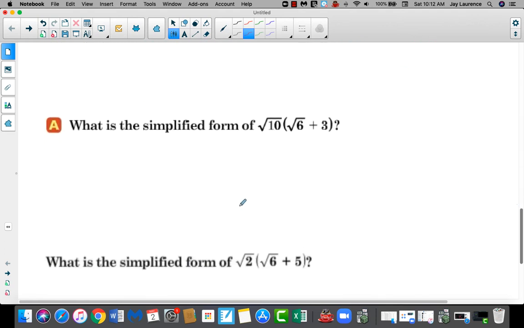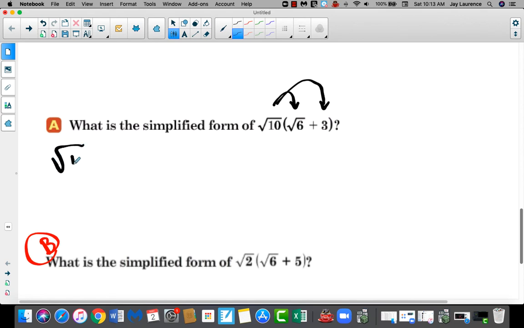All right, now these are a little bit different. Here we're going to be distributing. Now, I am going to multiply rad 10 times rad 6 and then rad 10 times 3. But I'm not going to write down rad 60. To me, that's a waste of time.